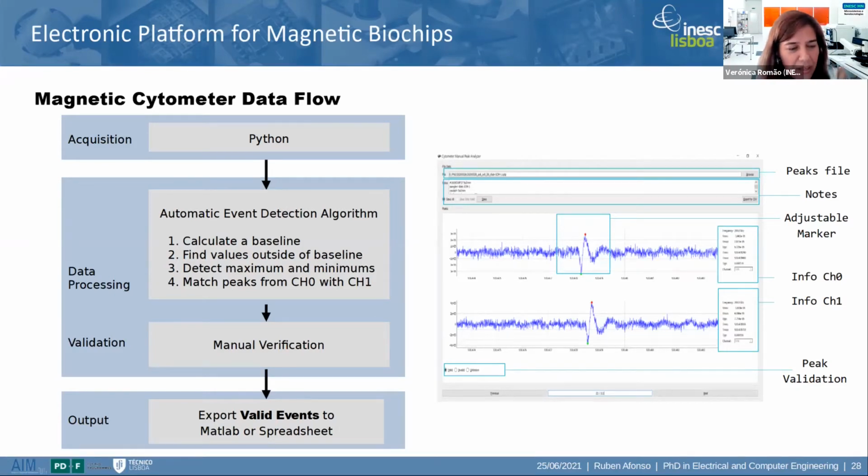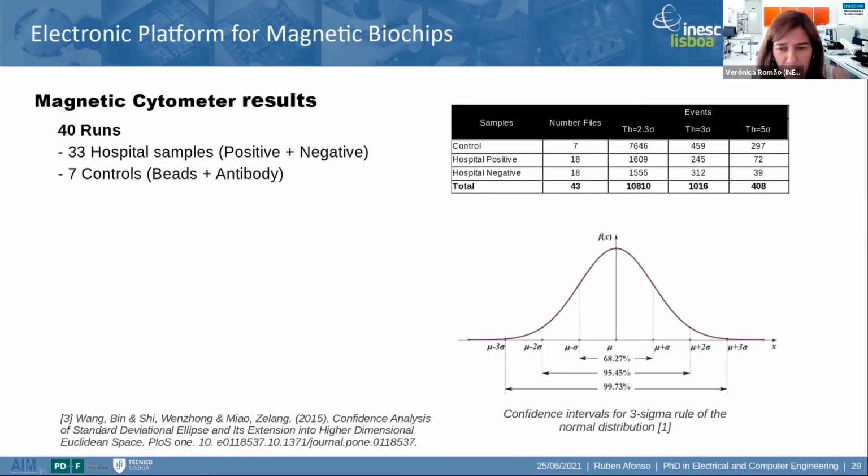Another thing that I would like to discuss with you is about this 2.3 sigma, 3 or 5 sigma. I don't know if I understood well. When you apply the 2.3 sigma, you end up with about 16% of the peaks validated after manual validation, right? Yes.